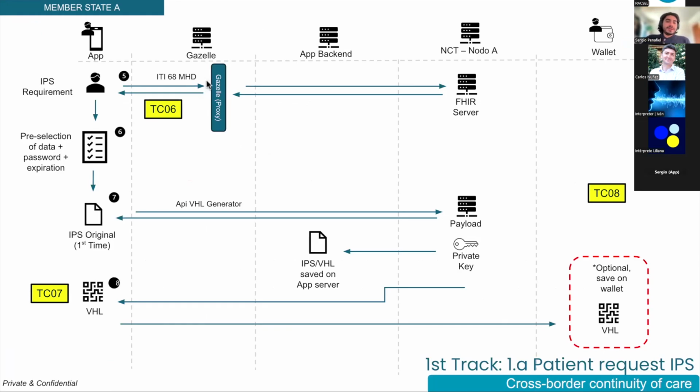We can get it from the country node with a local ITI 67 and 68 transactions. And then with that, we can select the resources that we want to share. We can therefore have an IPS with these resources, and again, using the node services, it can be signed, and then the VHL is retrieved as a QR code, which is saved in the application. That is what we have seen so far.